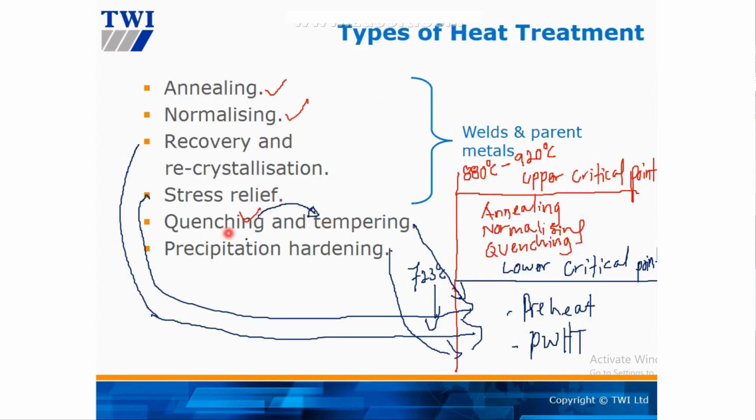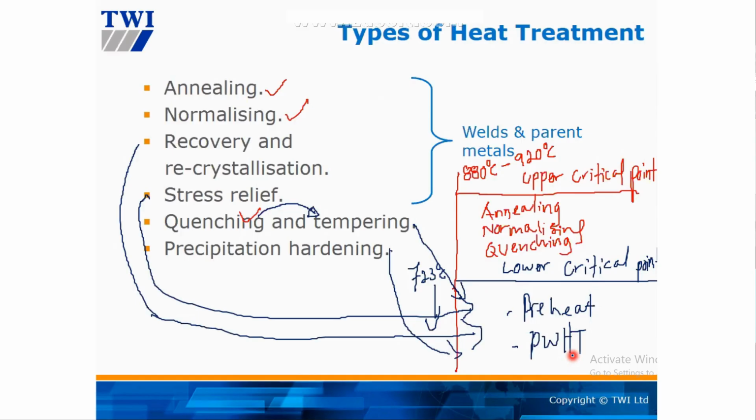Tempering is coupled with quenching. Tempering is not for other processes. When it comes to quenching, always tempering. Memorize. This you must memorize. Which one is upper critical? Which process is lower critical? Memorize them all.